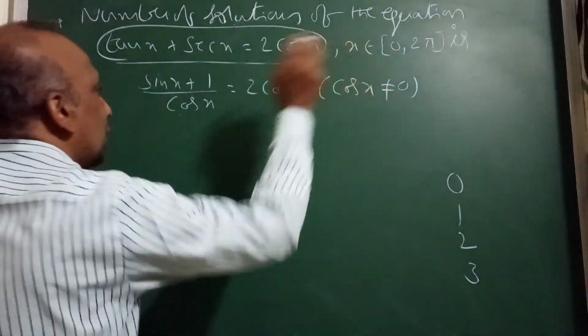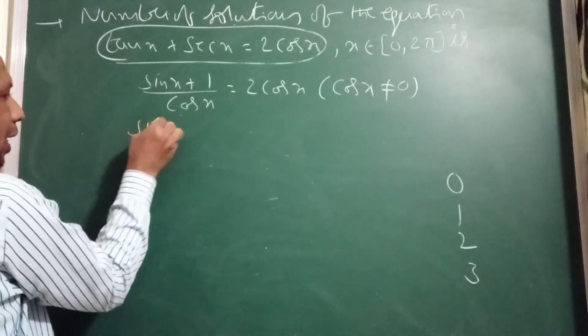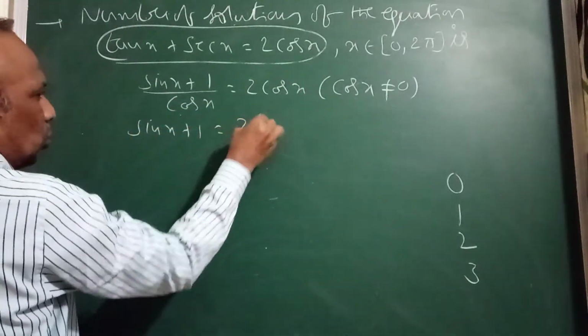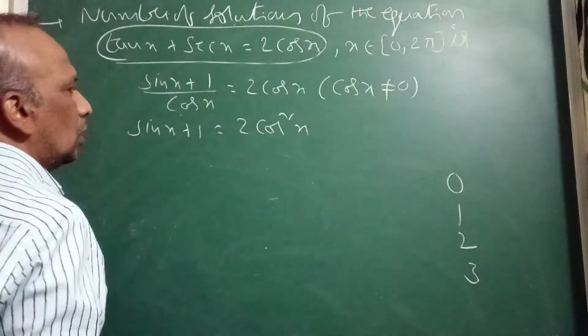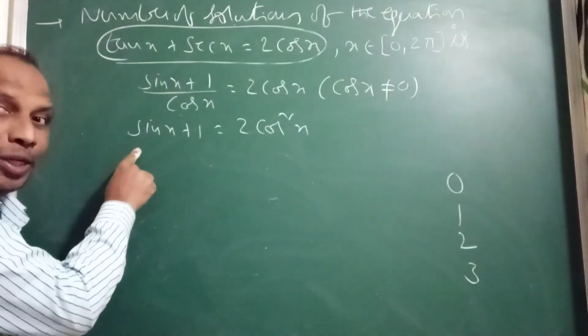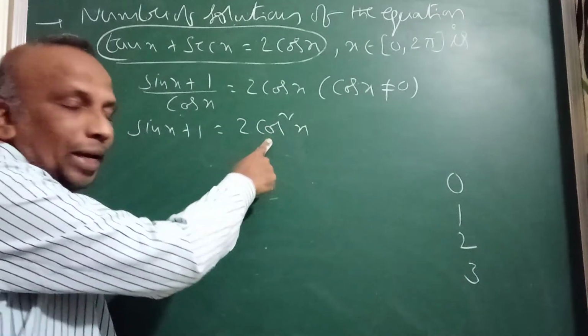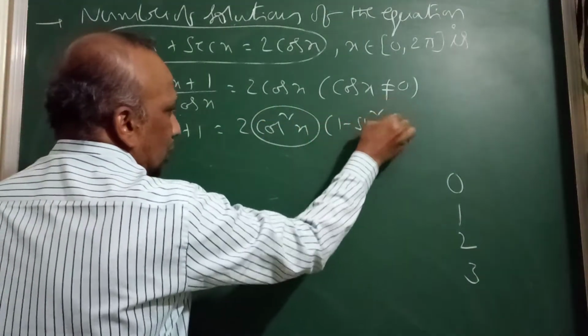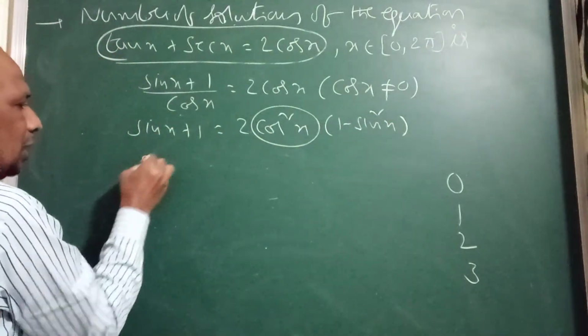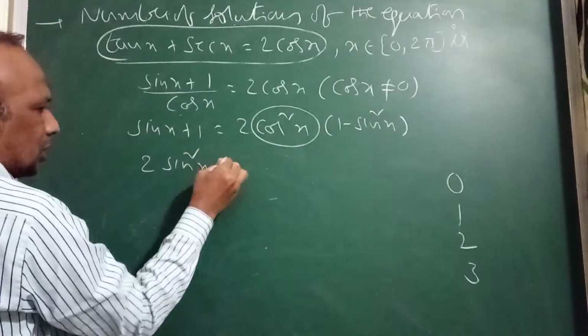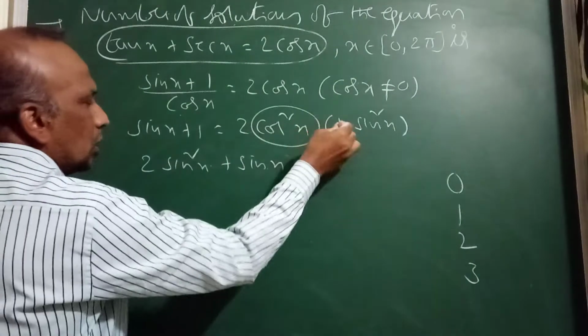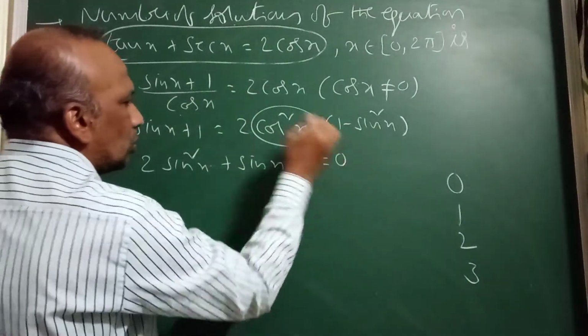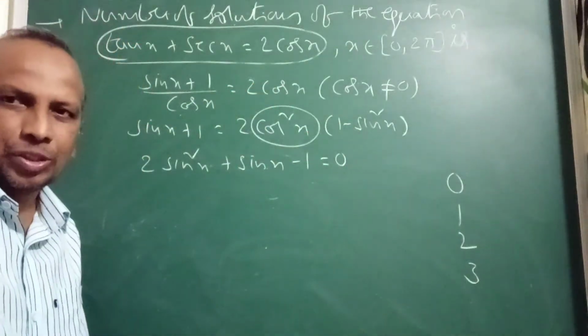You remember this point. Now if I do this, sin x plus 1 equal to 2 cos square x. This one I can't convert into cos, but this one I can convert into sin. Cos square x you replace with 1 minus sin square x. Then you transfer to one side: 2 sin square x plus sin x minus 1 equal to 0. This is a quadratic equation.